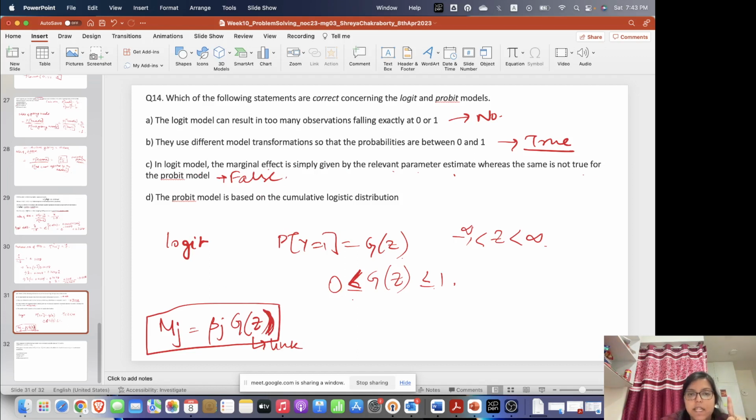So this statement is not true. And this one, the probit model is based on the cumulative logistic distribution. This is also false, because probit is based on the cumulative normal distribution.